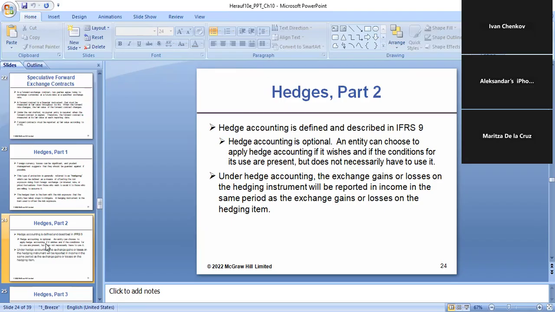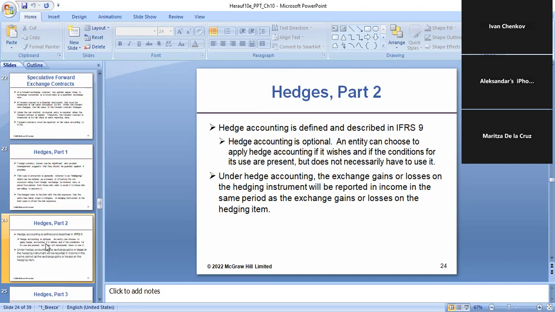The entity can choose to apply it if it wishes, but it's not necessary to use it. If the company decides to use hedge accounting, the exchange gains and losses on the hedging instruments will be reported on the income statement in the same period as the exchange gains and losses of the hedging item.